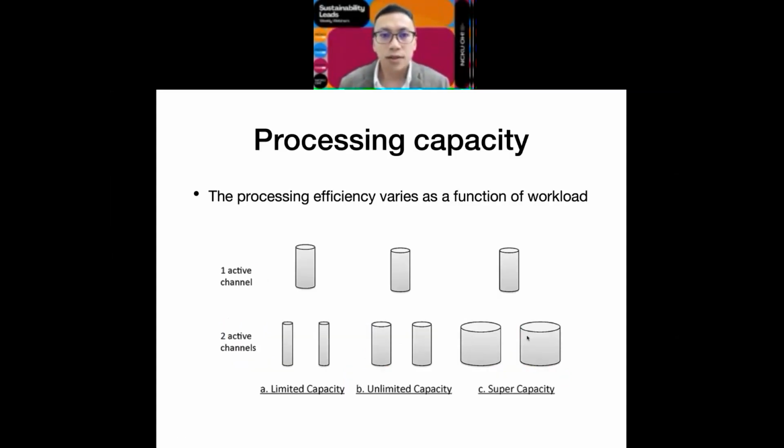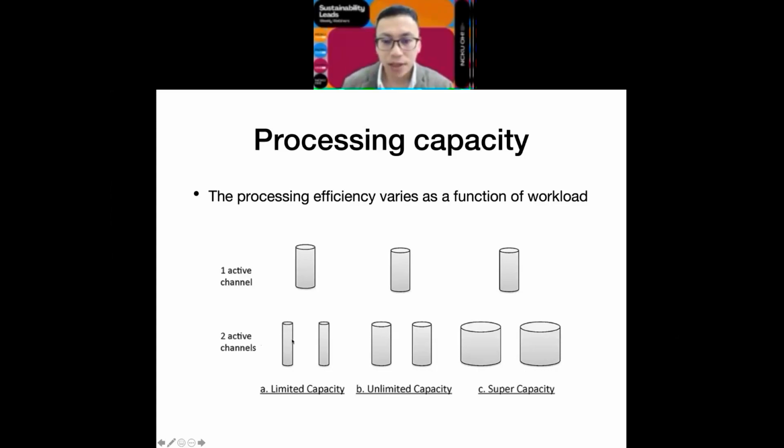The third property is the so-called processing capacity. Processing capacity denotes how the processing efficiency of an individual channel varies as a function of workload. If you have one active channel, then you have capacity K. Then you add one more channel, a second channel here.